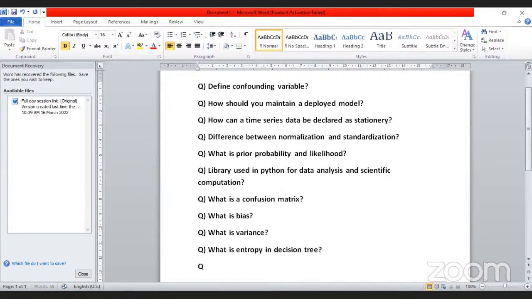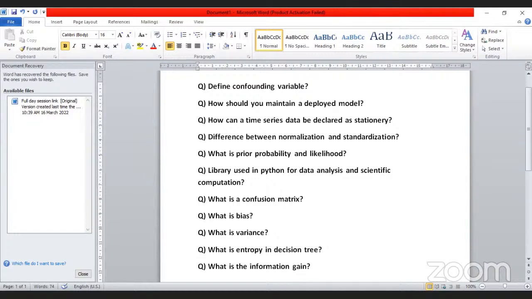Okay, so next question is then, what is the information gain? What is the information gain in a decision tree?